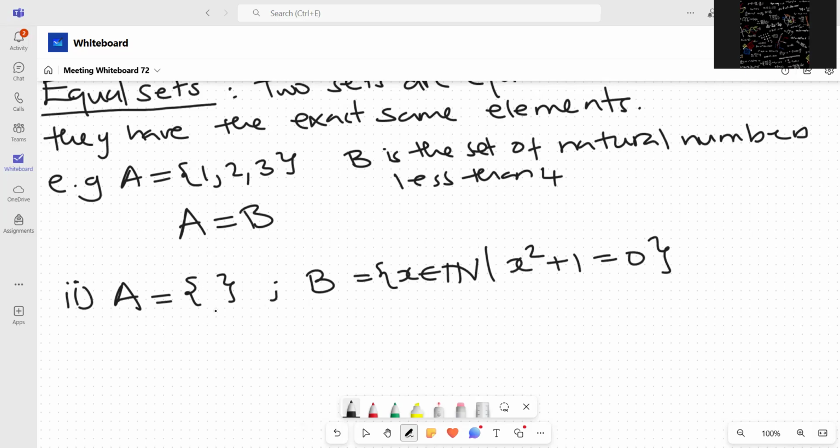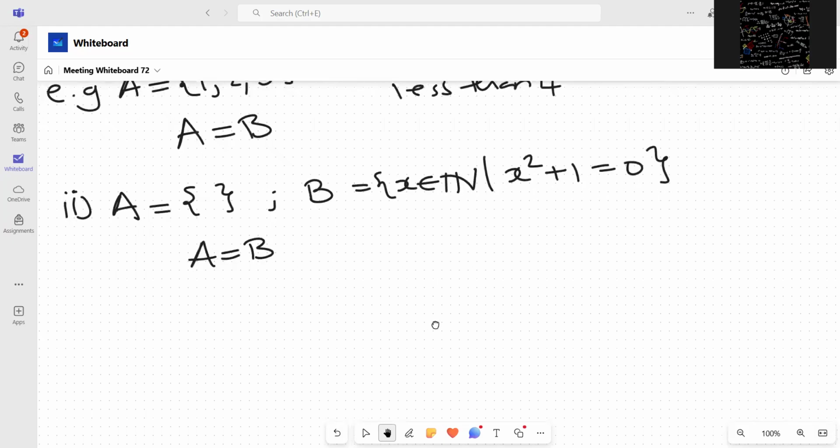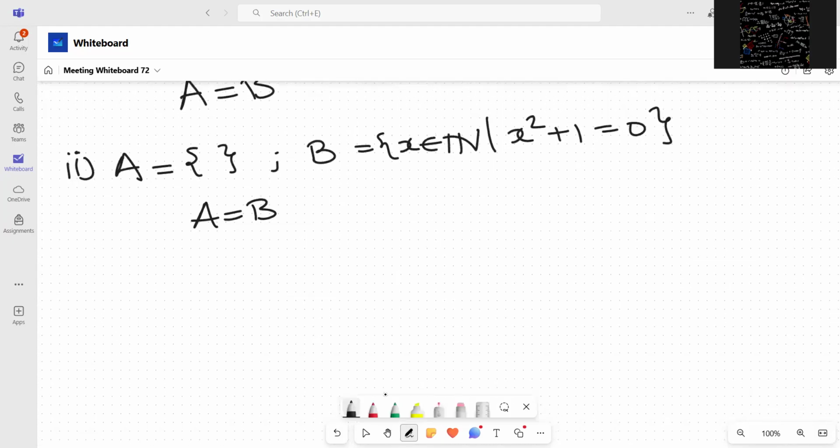So the empty set here, it has no elements. And this one here, if we're looking for natural numbers that when we substitute them here, the answer is 0, there are no such natural numbers. So B is also empty. So in this case as well, A is equal to B. Okay, so that is equality of sets.